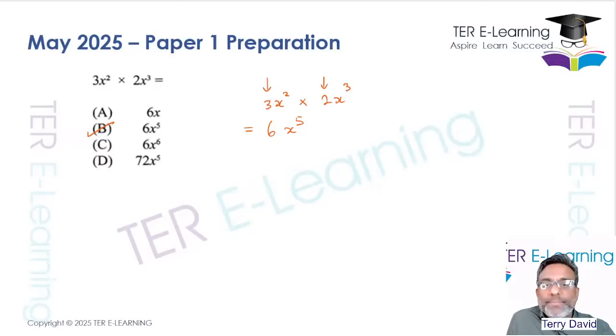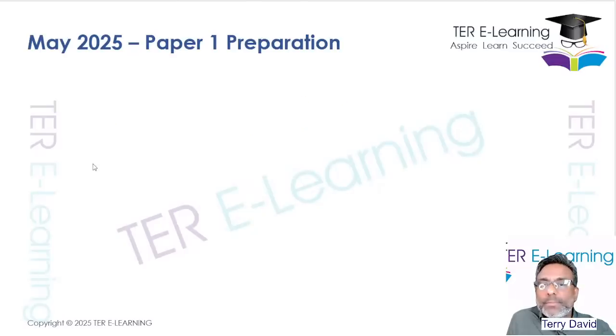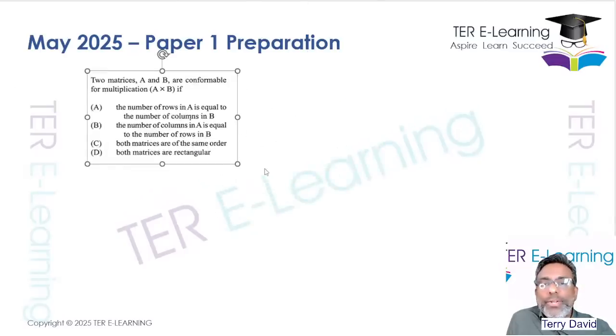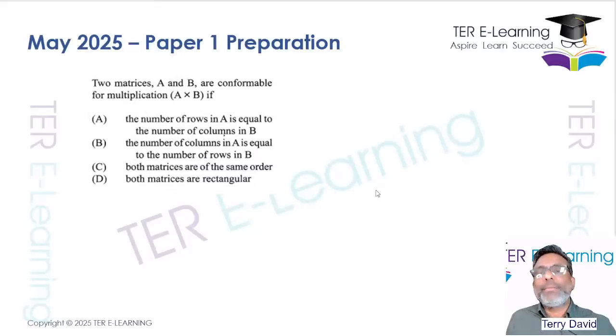What about this one? When you're multiplying two matrices, what can be said here?